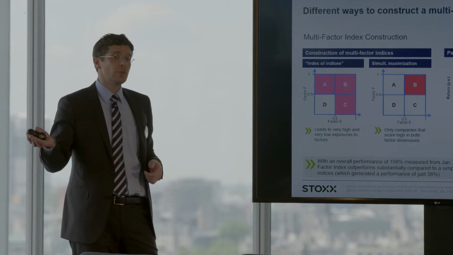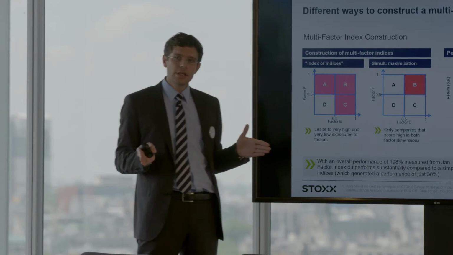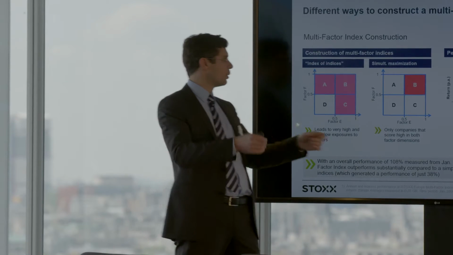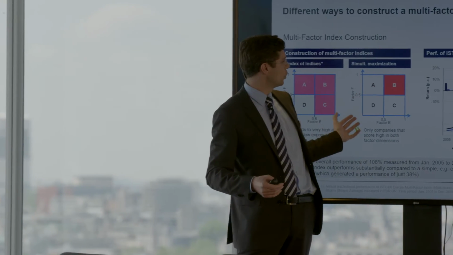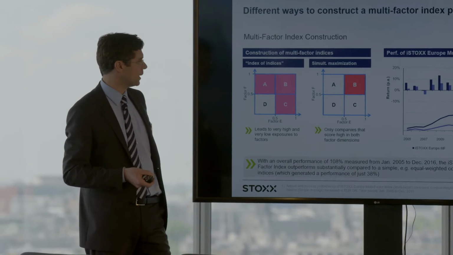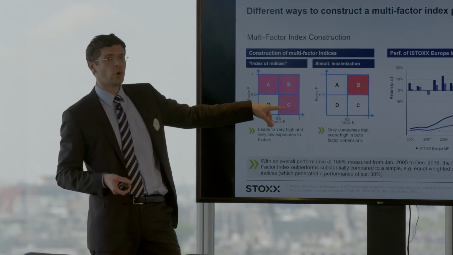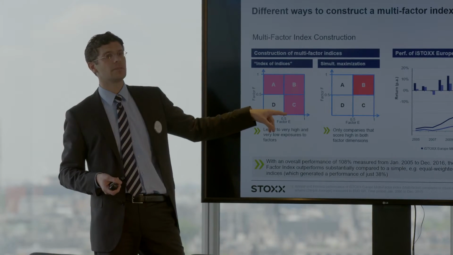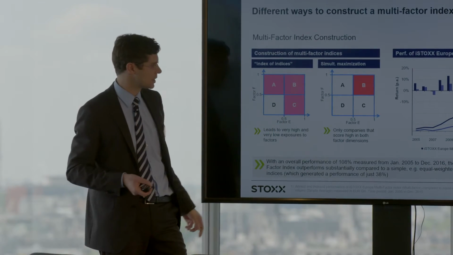The other extreme would be to focus only on those companies that load very highly on all the factors to which we seek exposure. Here, we would attempt to select companies that fall into this quadrant, quadrant B. The approach we choose when it comes to building multi-factor indices is very important for risk and return characteristics.